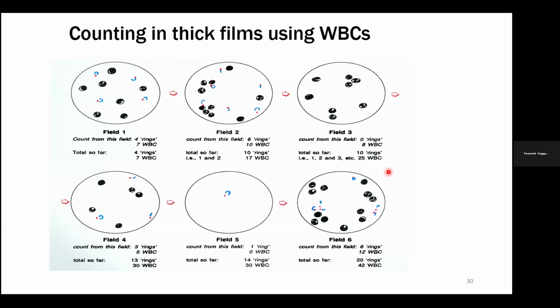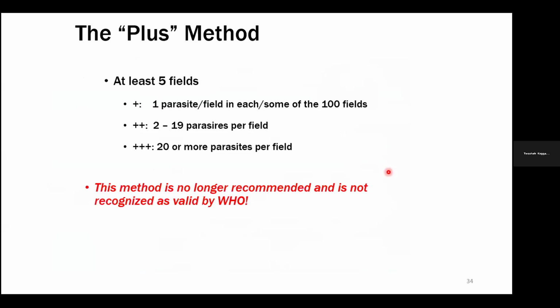But again, in field number 3, there are no parasites. In field number 5, there is a parasite, but there are no white blood cells. So if you are going to report by the plus method, you need to examine at least 5 fields. You can even go up to 10 to see how the parasites are distributed.